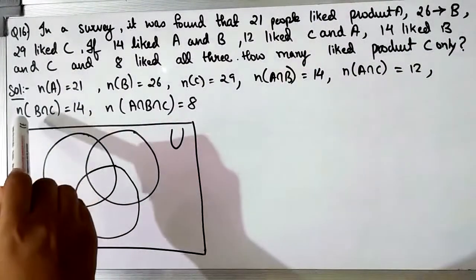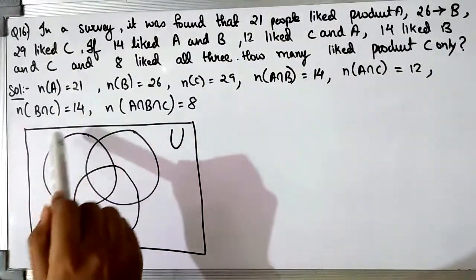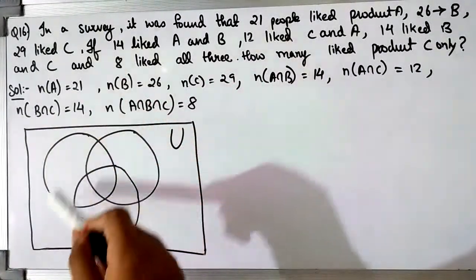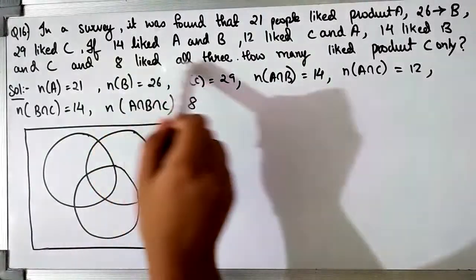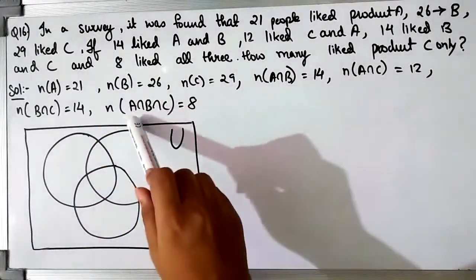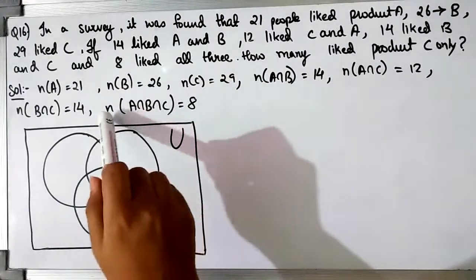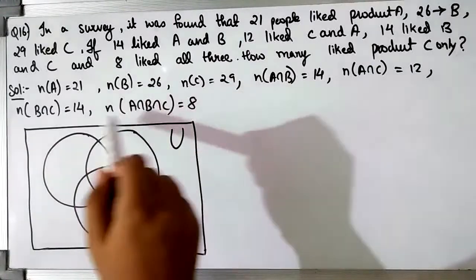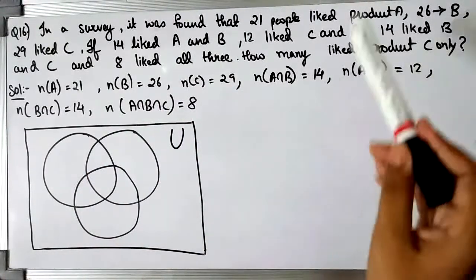Then the number of elements of B intersection C is 14, because 14 liked both B and C, so when they say both it means intersection. Then they say 8 liked all 3, so the intersection of all the 3 products, A intersection B intersection C, has 8 elements, because 8 people liked all the 3. Now here comes the question.